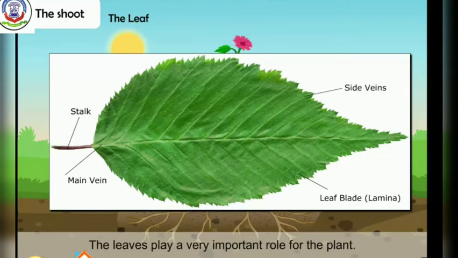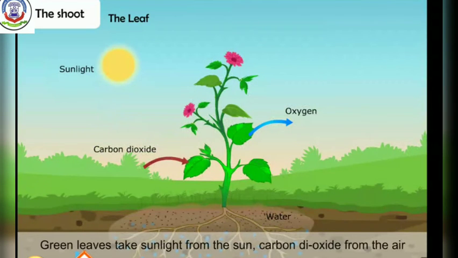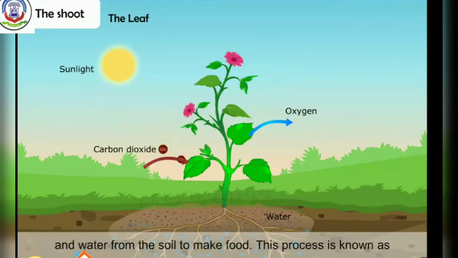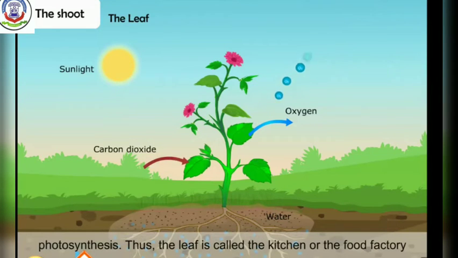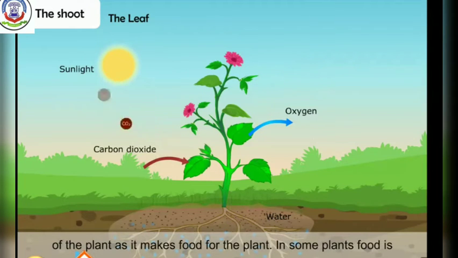The leaves play a very important role for the plant. Green leaves take sunlight from the sun, carbon dioxide from air, and water from the soil to make food. This process is known as photosynthesis. Thus, the leaf is called the kitchen or the food factory of the plant, as it makes food for the plant.